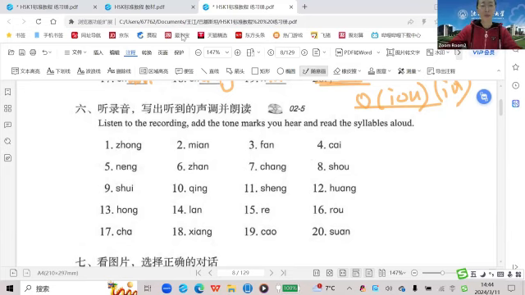Okay, number 1, 中. I've just read 3 times. 1, 2. Is there any other? How about the other students? Okay, obviously it is the first tone, 中.